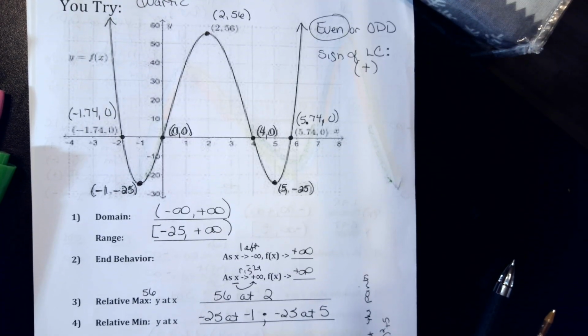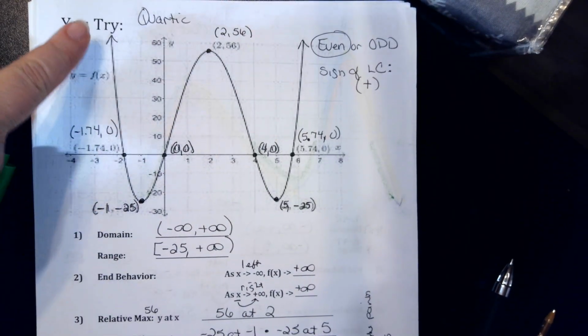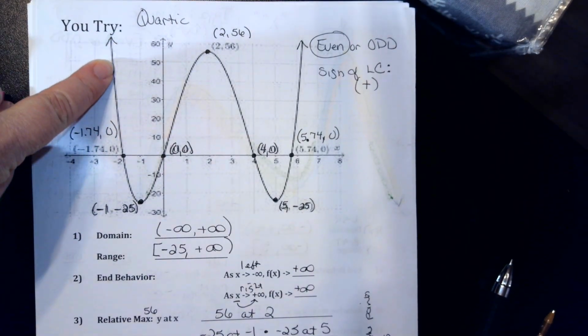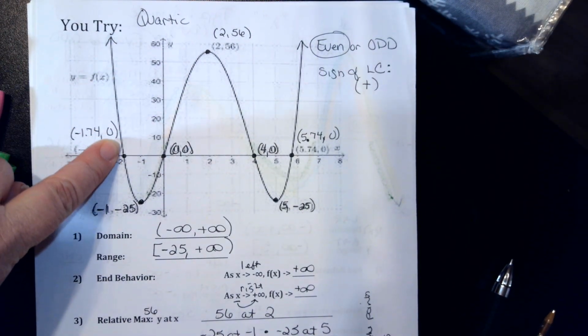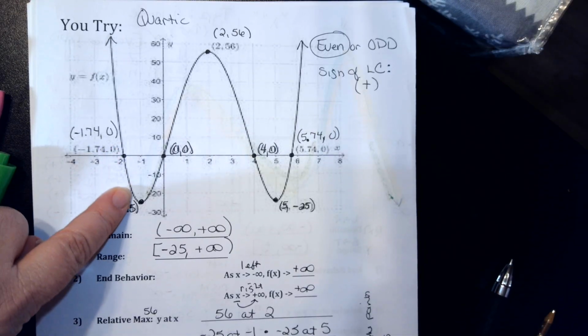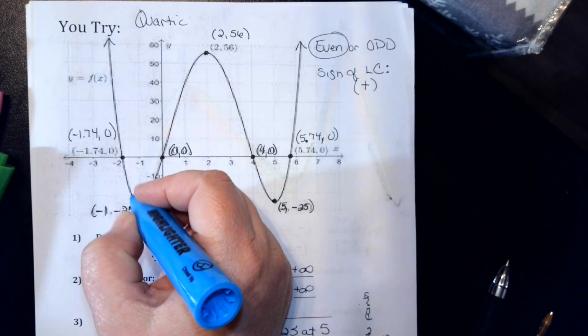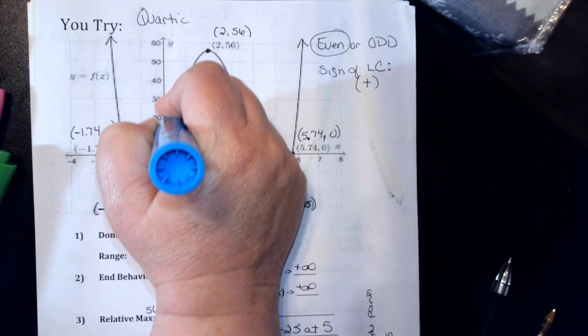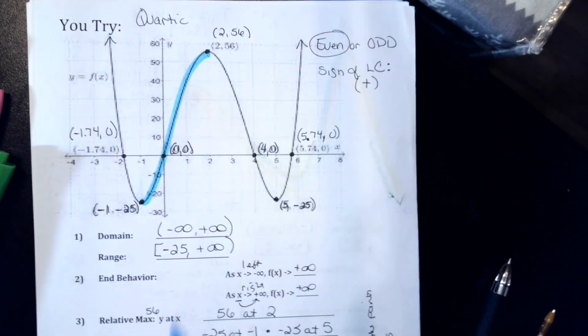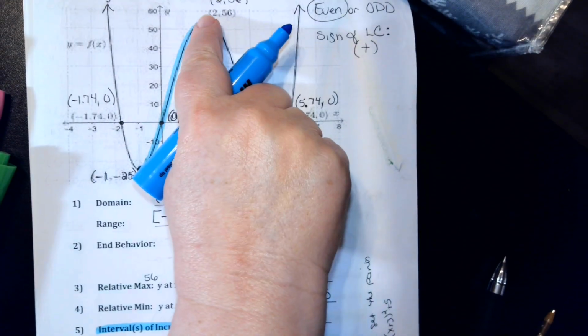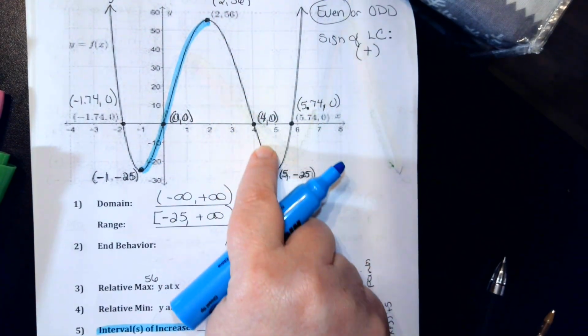Intervals of increase. Left to right, folks, are we walking uphill or downhill? Right, we're walking downhill. But we hit this vertex right here and we start walking uphill. So this is an interval of increase. Hit that vertex, start walking downhill.